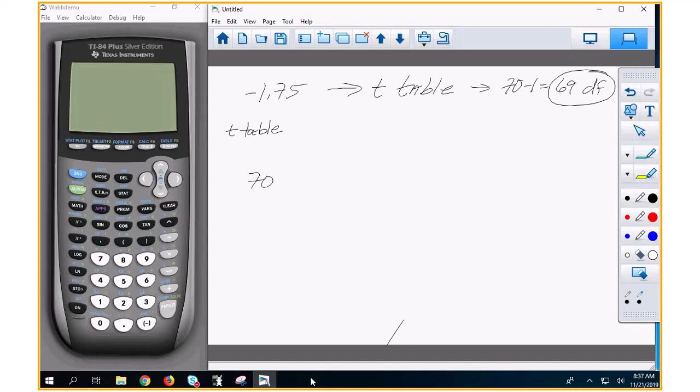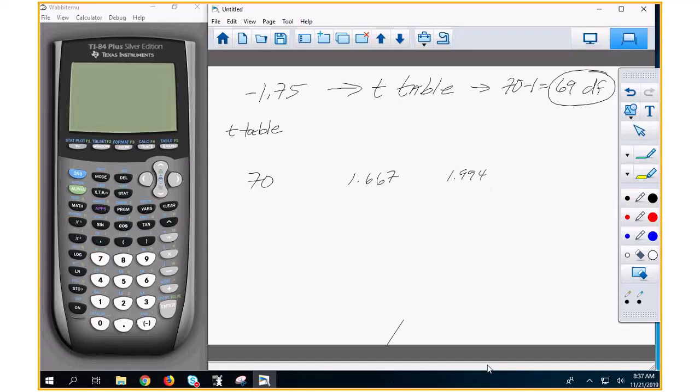So you go to the closest one. Write that down, the closest one. 70 is the one that they have. And negative 1.75 falls between 1.667 and 1.994.